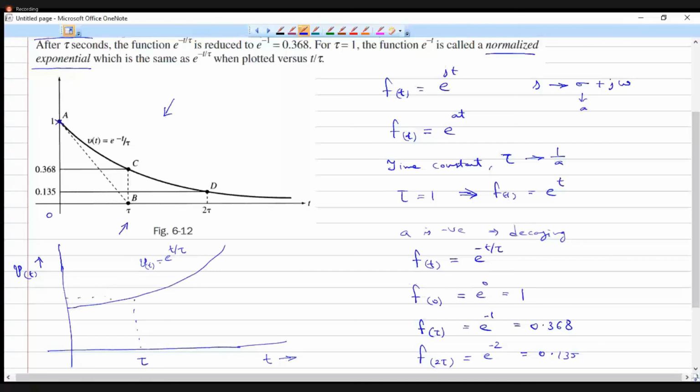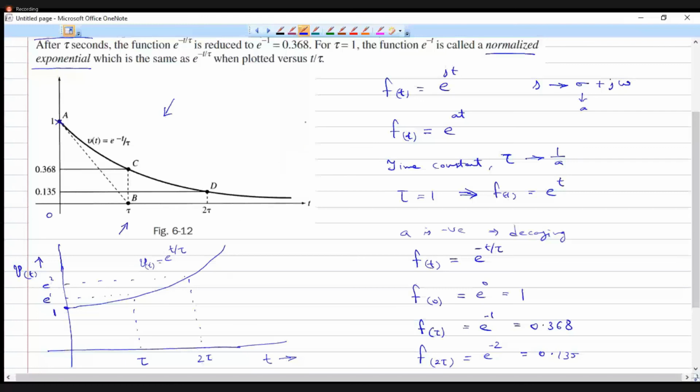Then this particular value will be equal to e power 1. And the value of this function at 2 tau will be e square times the initial value, assuming that it is starting from 1. This way you can approximately plot the graph also.